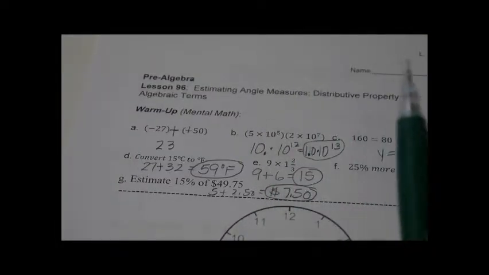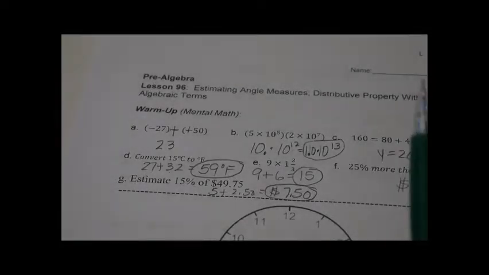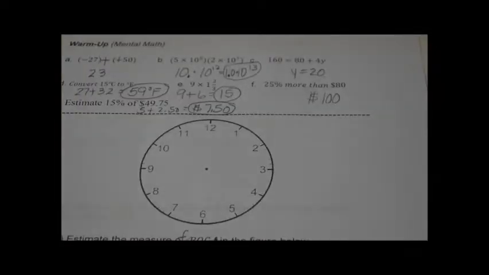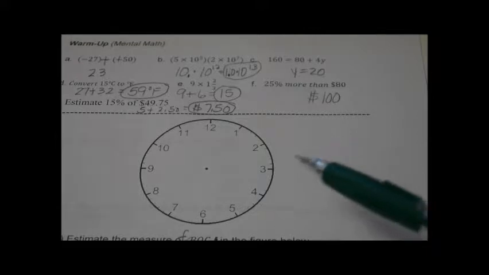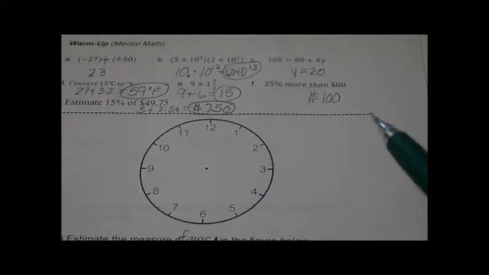Now we are going to get to use some mathematical tools. All right, this is all about estimating angle measures and how to estimate how big an angle is. And the book suggests using a clock that we all know as a way to estimate how many degrees are in an angle.